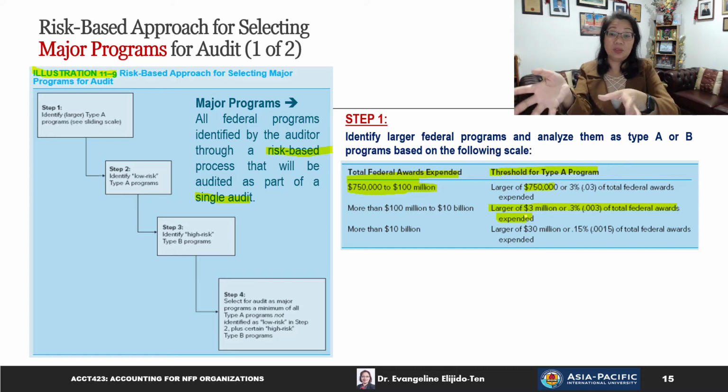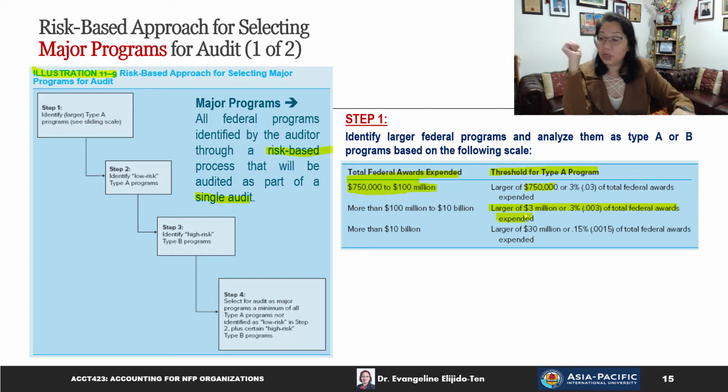They will only be considered Type A if they are at least 0.003 of the 10 billion amount. So 10 billion times 0.003 is 30 million. It's the larger of 3 million or $30 million.